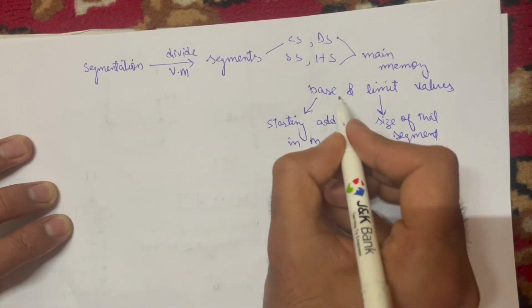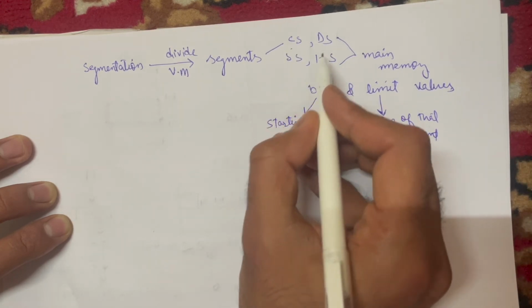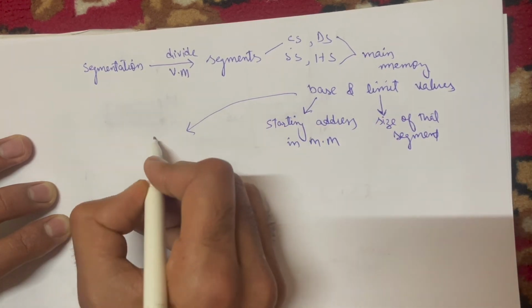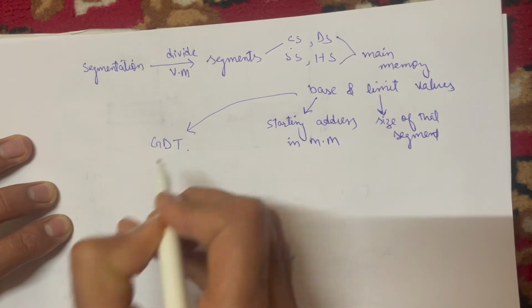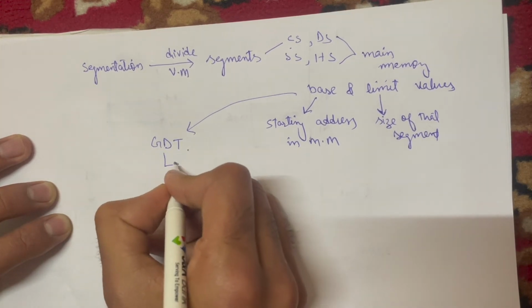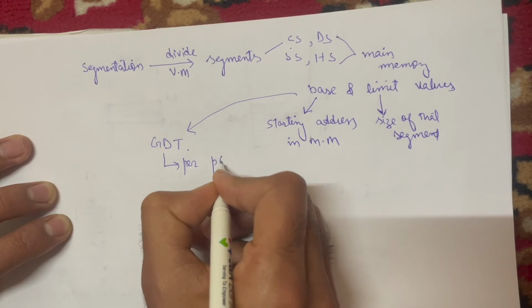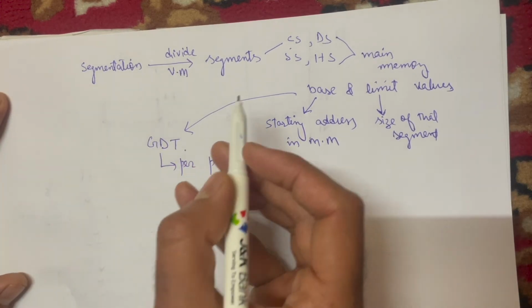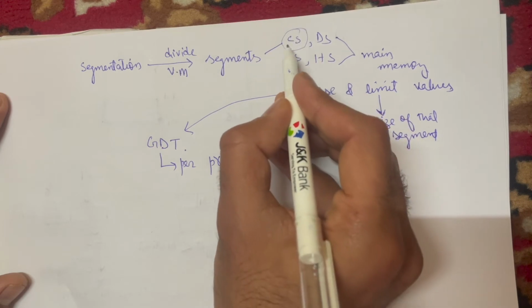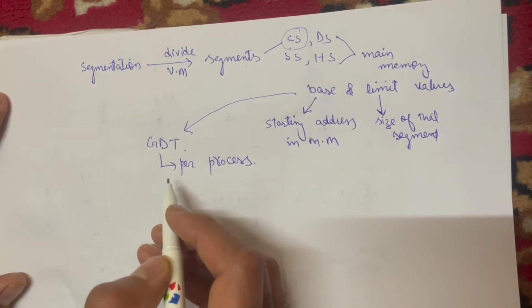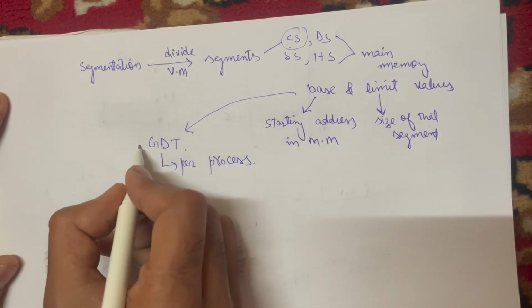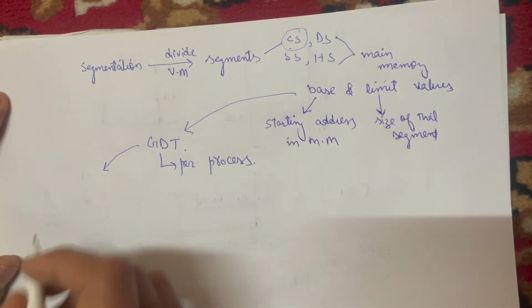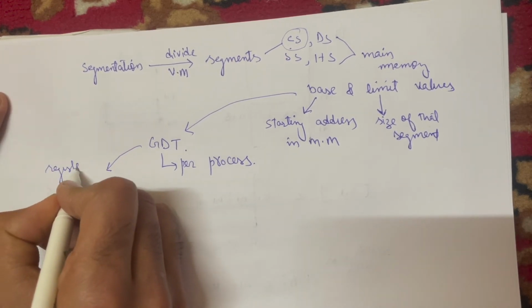And these base and limit values of the different segments are stored in a table which is called a global descriptor table, and it is a per process table. So every process will have its own GDT. Okay, fine. For example, for the code segment, we may be storing the base and limit at one particular entry, and the address of that entry is stored in the registers. And what are the different registers?